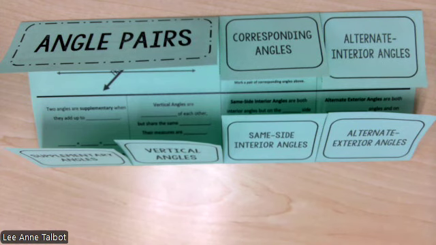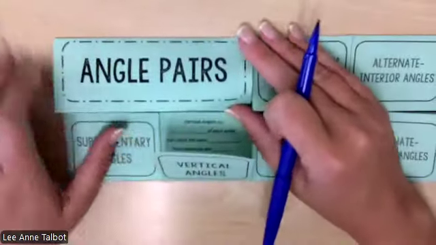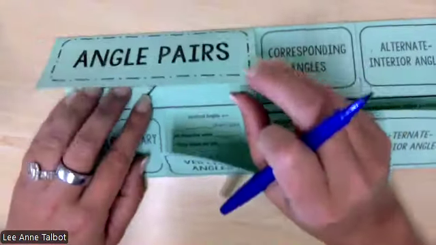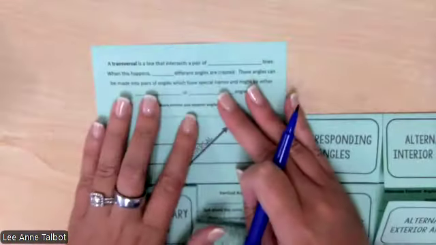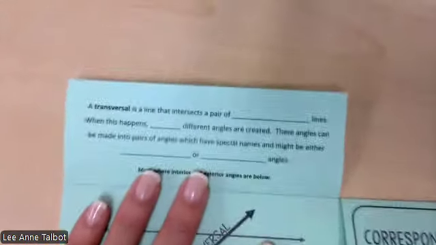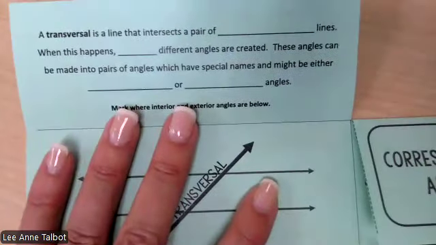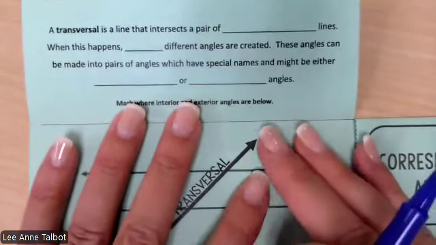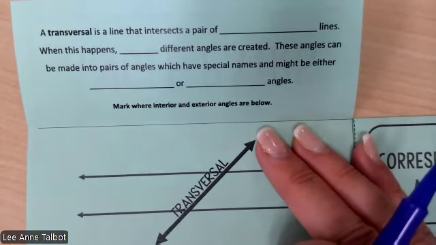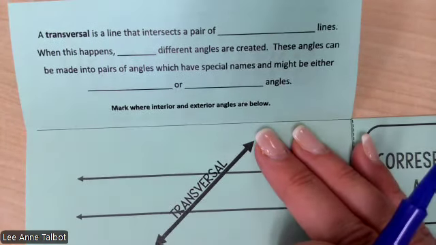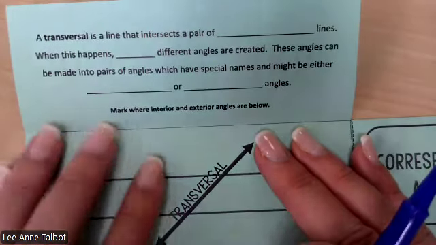Okay, but now we need to go back through and fill out the definitions and things. And we're going to start underneath the flap of angle pairs. So if you guys could find that big one, that's kind of the start. And so things to fill in. Okay.